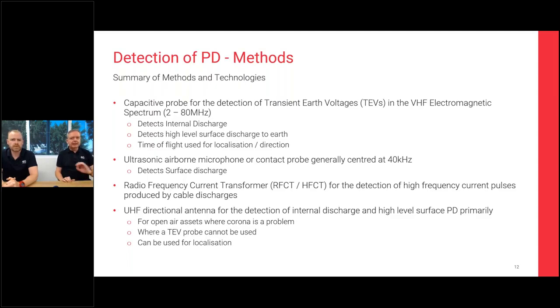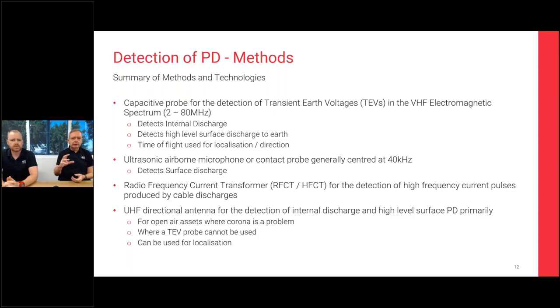If we're looking down the cable, trying to see things happening in joints, not so much in the terminations, then applying either a radio frequency current transformer or a high frequency current transformer, as some people call it, will allow us to look further down the cables. We'll see later that we do actually test all the way down to around 500 kilohertz and below, which is not in the HF range. That allows us to test further, and Brad will talk about that.